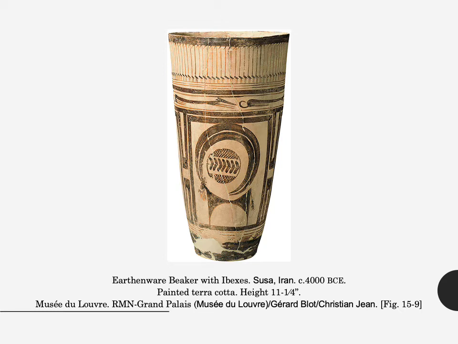Then they could reserve the seeds for the next year for planting. This was another great improvement in the life of the people. When we look at the art, again, the art we see here is very abstract, very abstract.